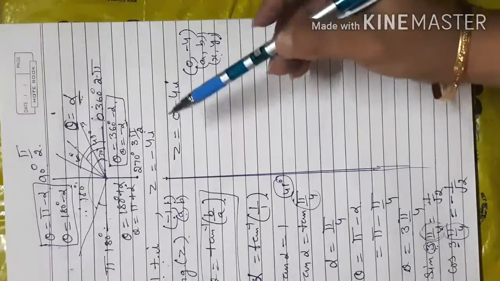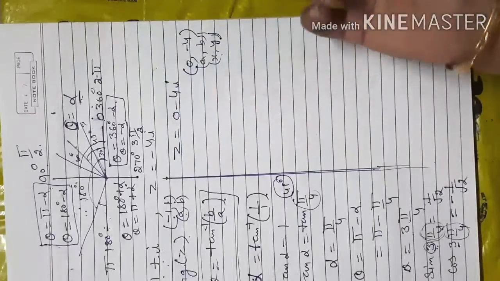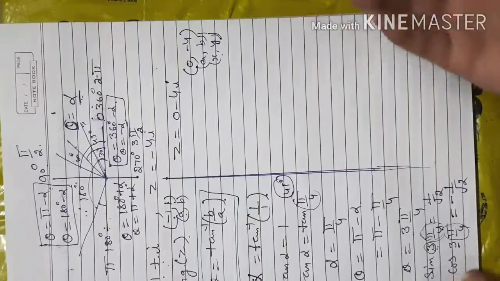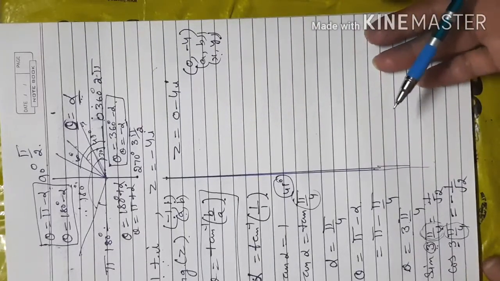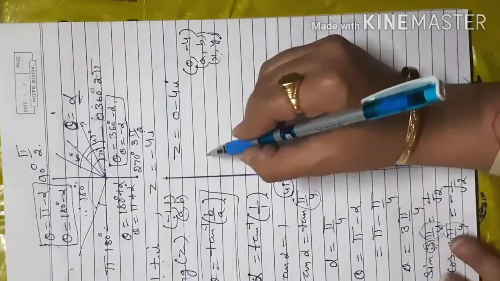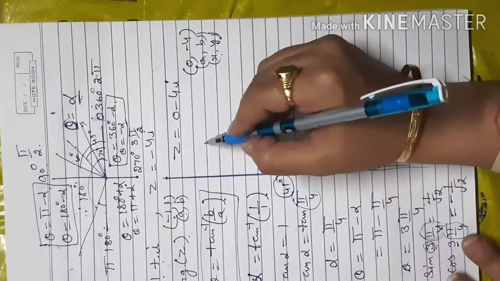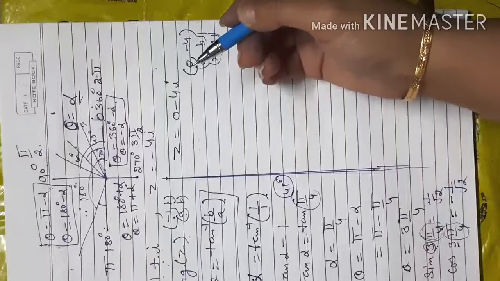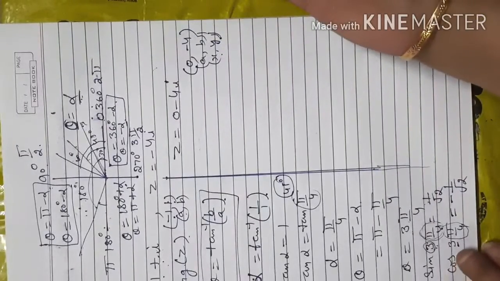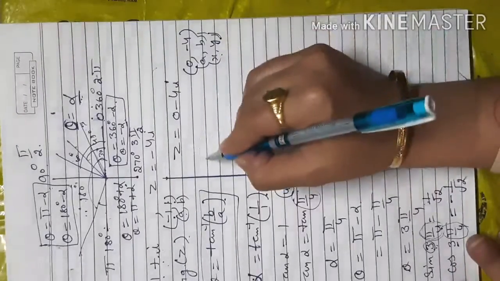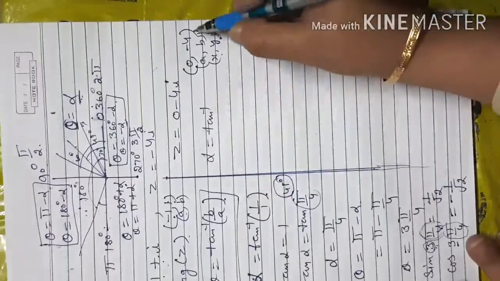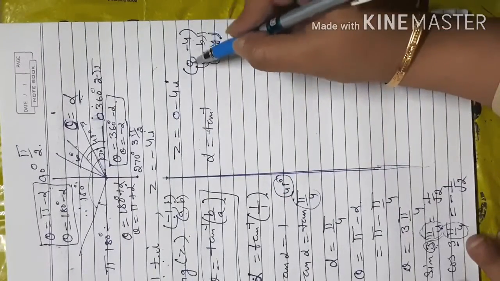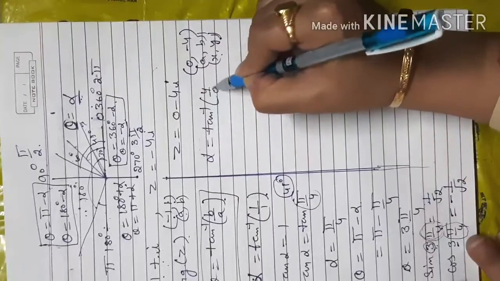So if I have to find the polar form of this number, first I have to find the modulus and then the polar form. First I will consider the basic angle alpha, after that I can go for theta. The basic angle alpha is tan inverse, and for the basic angle we just ignore the sign, so that is 4 by 0.